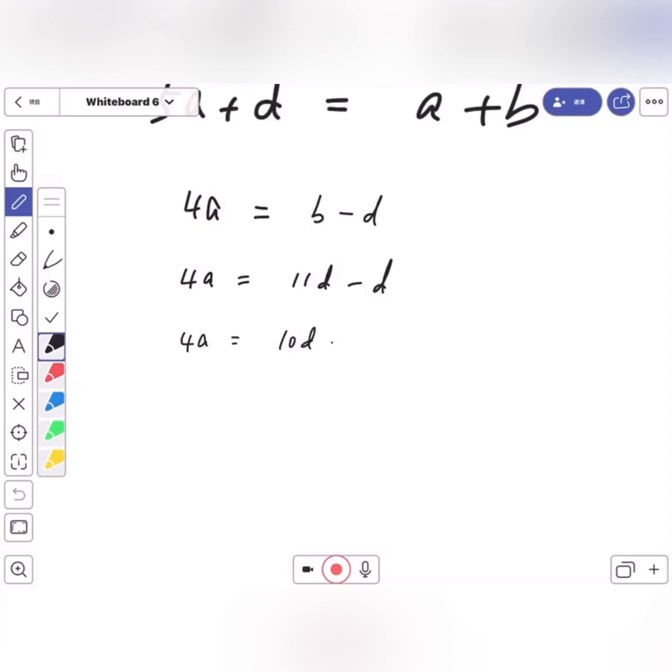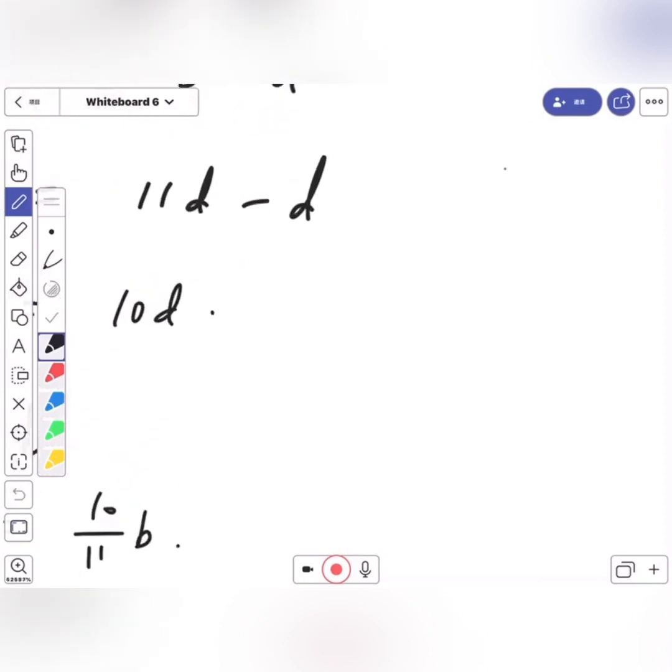Okay, so essentially this is gonna give that 4a is equal to 10 over 11 times b, because d is equal to 1 over 11b.